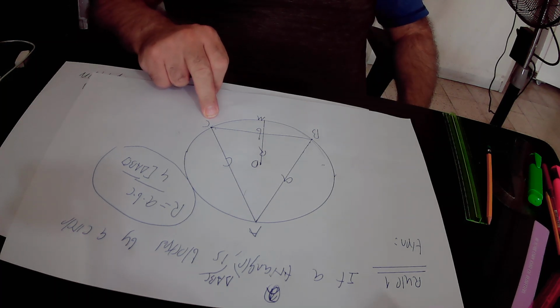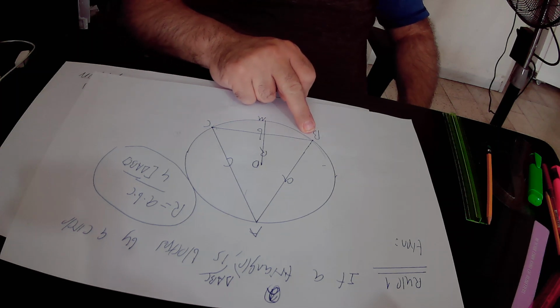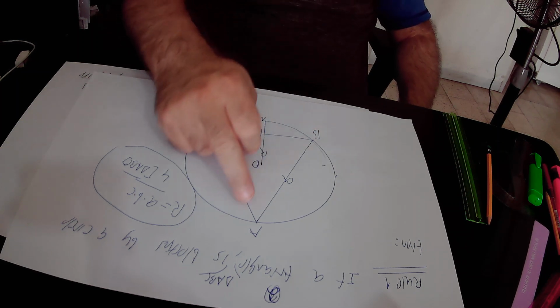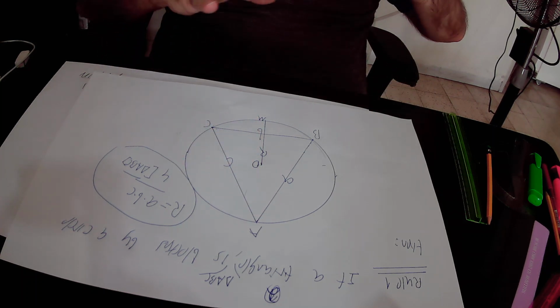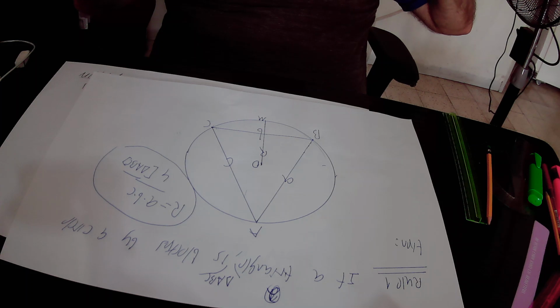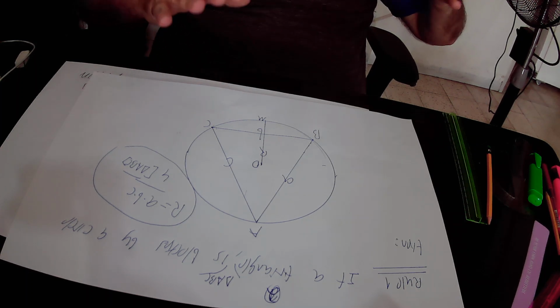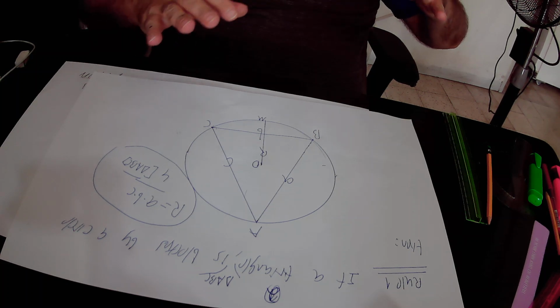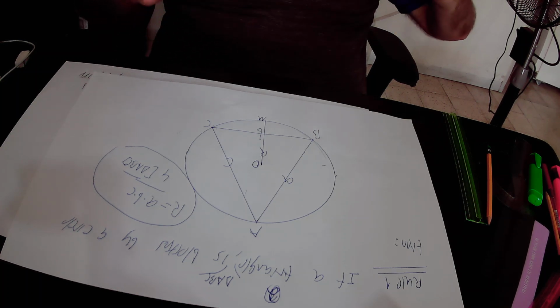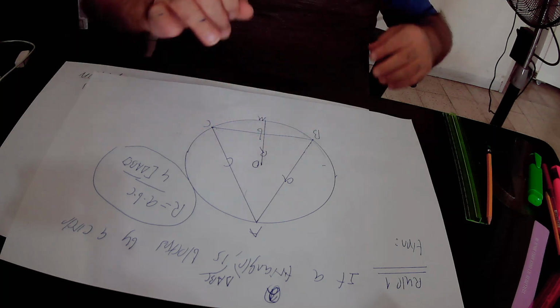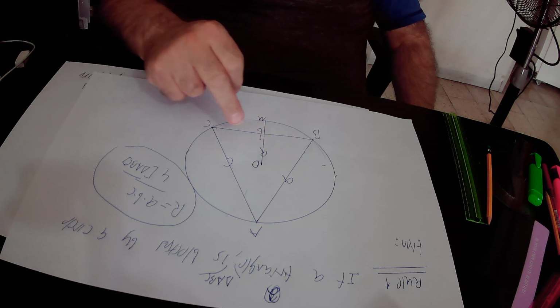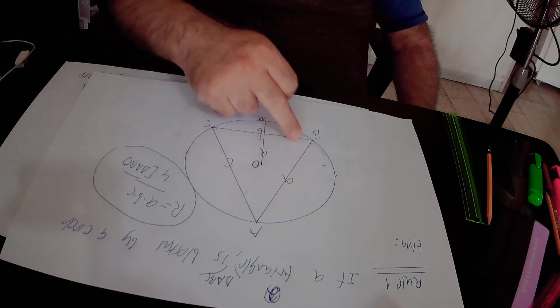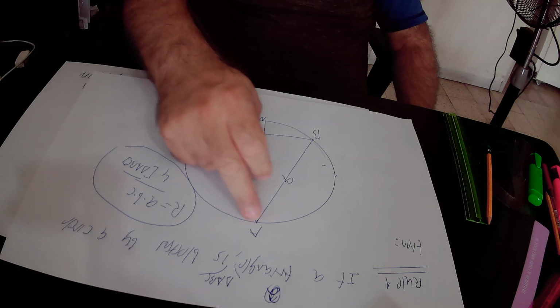This vertex touches the circle at point C, this vertex touches the circle at point B, and this vertex touches the circle at point A. Only if all the vertices of the triangle touch the circle at different points, only then can we say that the triangle is blocked by a circle, like in this drawing. Okay, so the radius of this circle equals A times B times C over 4 times the area of this triangle, triangle ABC, that is blocked by a circle.